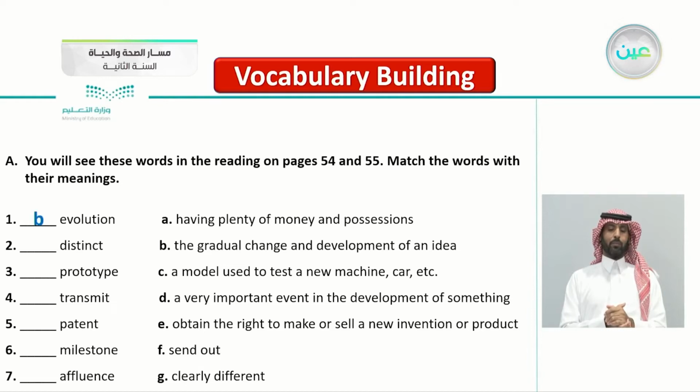It's the letter B. The gradual change and development of an idea. The gradual means step by step, slowly. If an idea or anything is slowly developing, this is evolution.